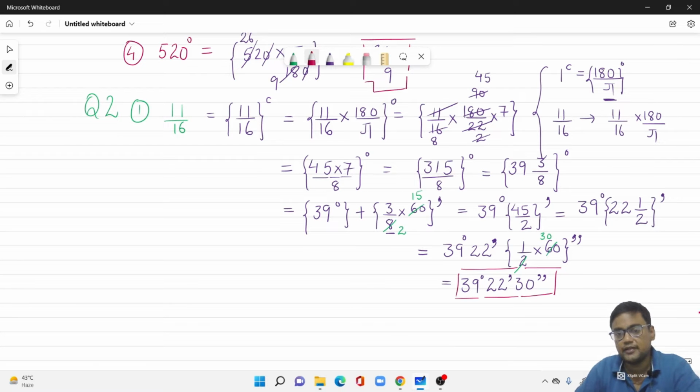Had there not been any fraction, we would have left it in degrees only, but since the value has a fraction and it is a terminating decimal number, it needs to be calculated up to minutes and seconds also. So you need to take care of this fact. It will be clear when we do more questions.